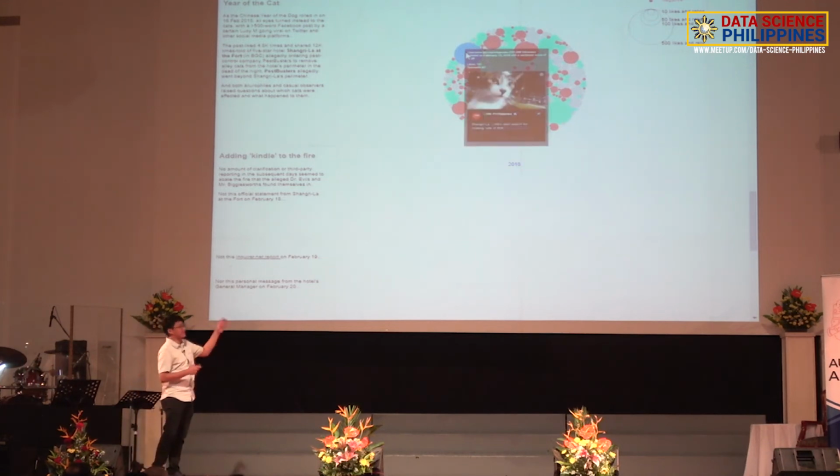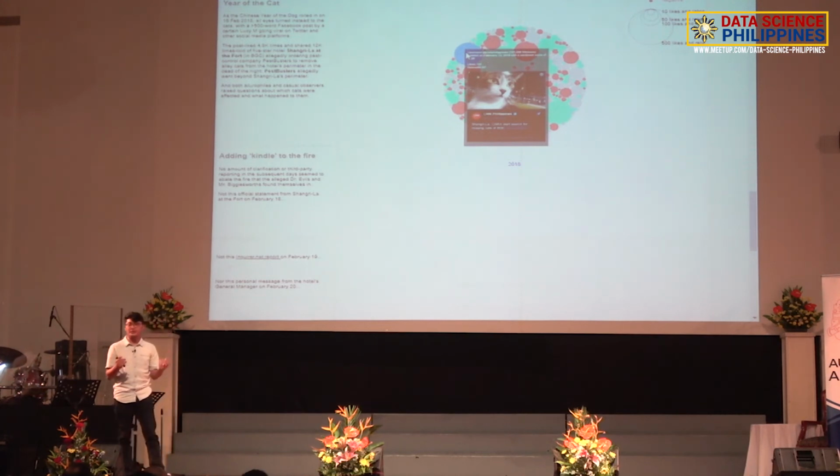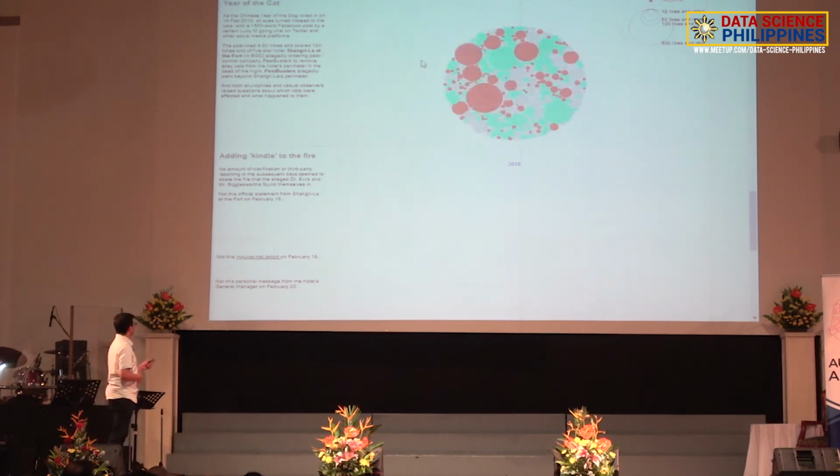Yeah, it's from CNN. So their story was actually one of the negative tweets that sparked this entire thing. The size of the bubble, by the way, I forgot to mention this, was the total number of retweets and likes that a particular tweet got. So the bigger it is, the more impactful that particular tweet is. Alright?